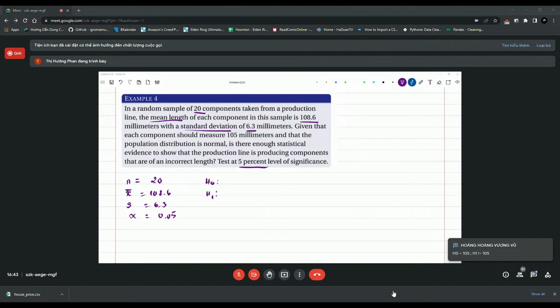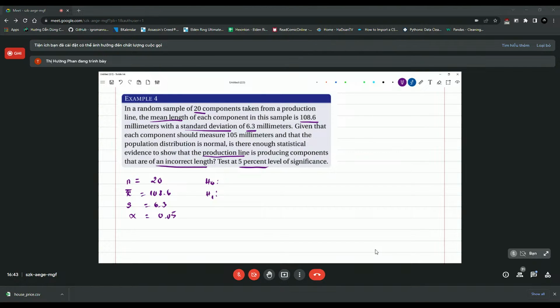Okay, very good. We have H0 given by the first step, identify the parameter we want to test. Okay, read the last sentence. Is there enough statistical evidence to show that the production line is producing components that are of an incorrect length?